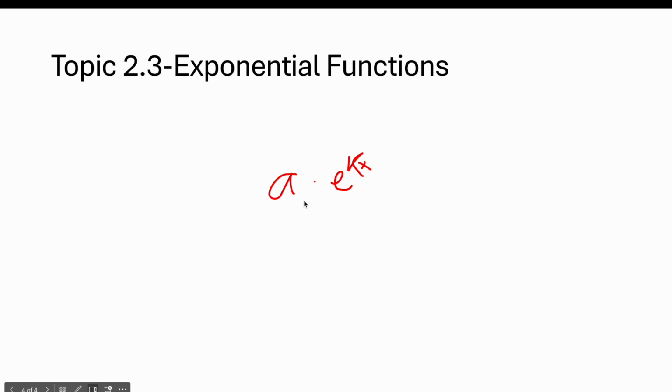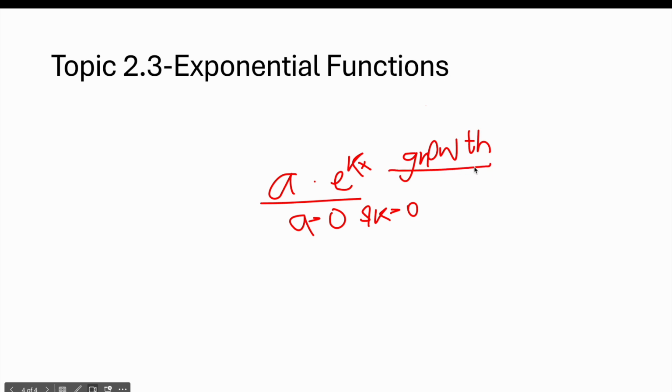And when we know that a is greater than 0 and k is also greater than 0, we can confirm that this is an exponential growth function. So this will be used to model things such as population or interest or many other things. Usually population, but this is our growth function when a is greater than 0 and k is greater than 0.